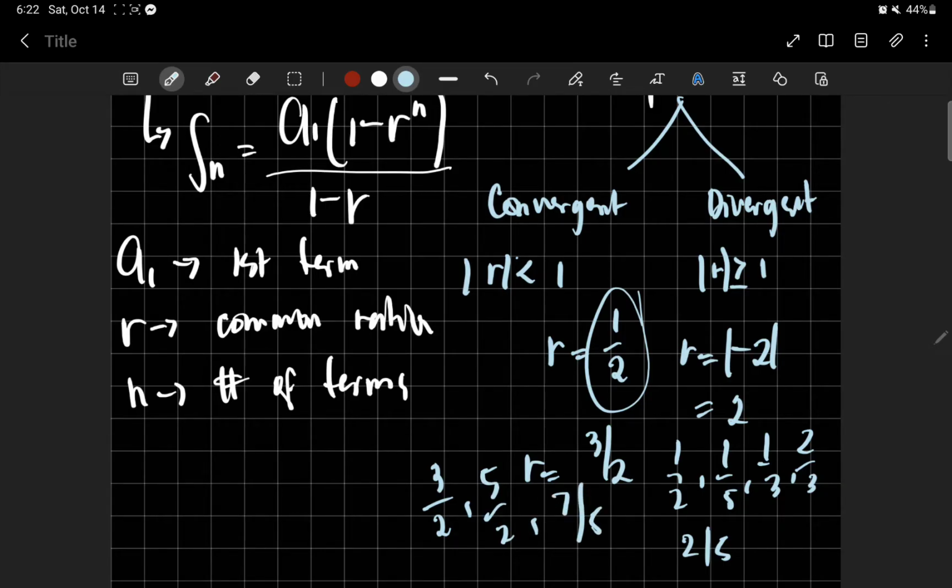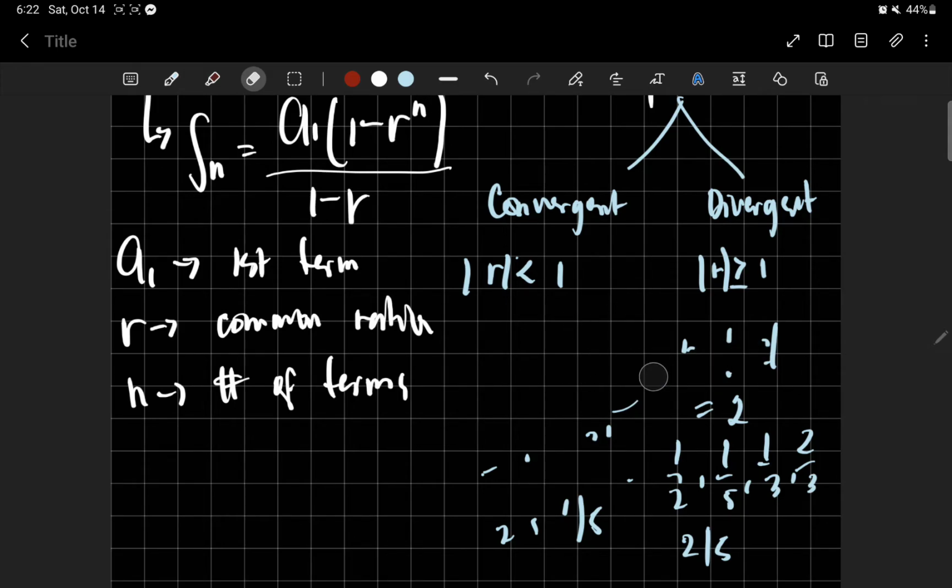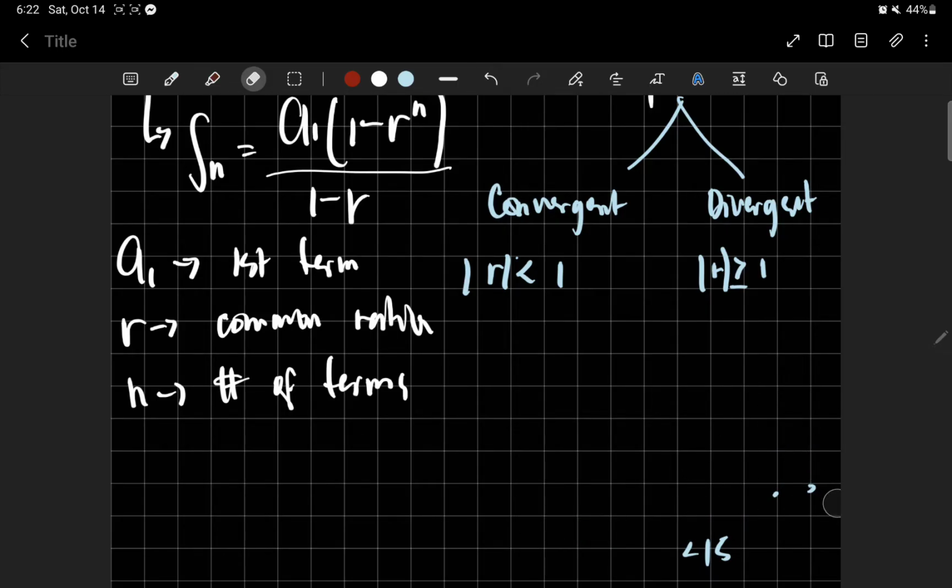So, mas mataas si numerator compared kay denominator, that is improper fraction. So, nakuha. Tandaan lang, when the absolute value of the common ratio is less than 1, that is convergent. And when the absolute value of the common ratio is greater than or equal to 1, that is divergent.